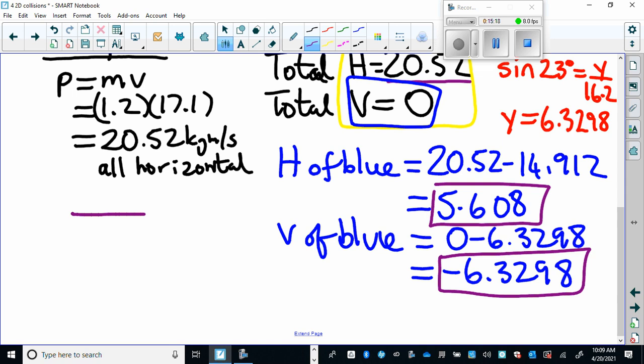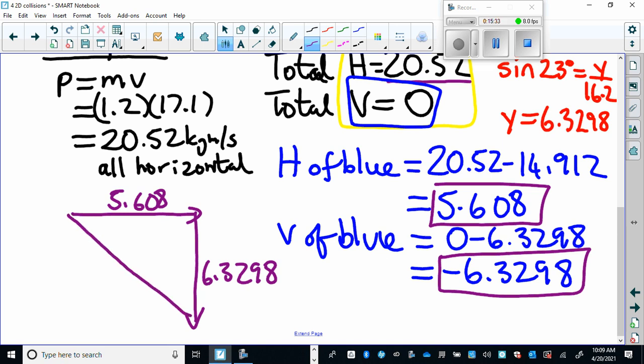Horizontally, we're going to go 5.608. Vertically, we're going to go 6.3298, and since it's negative, it's going to be down. Then we're going to solve for the resultant vector right there, and the resultant angle, just like you did in Physics 20.